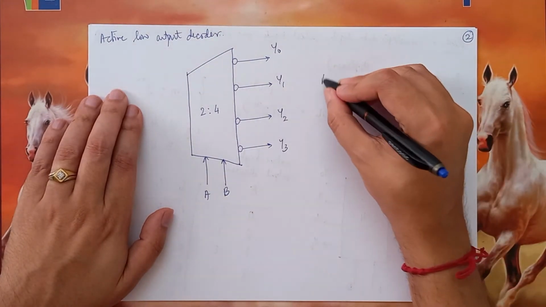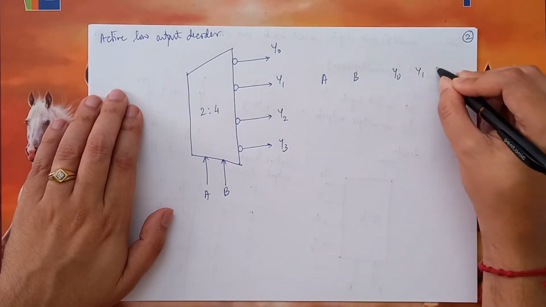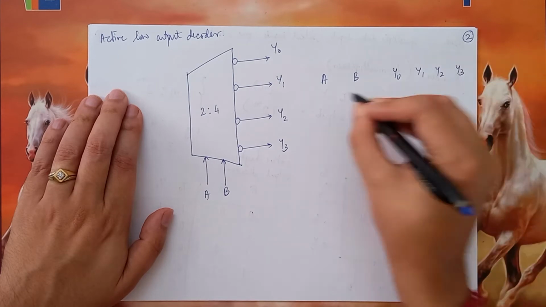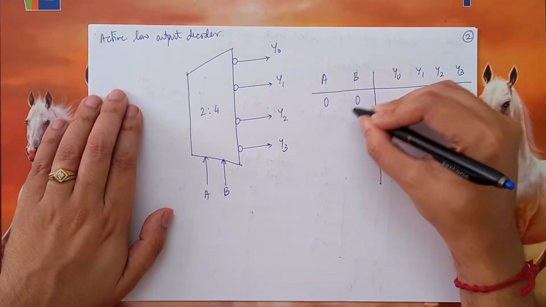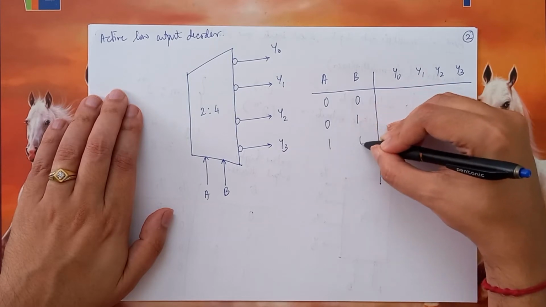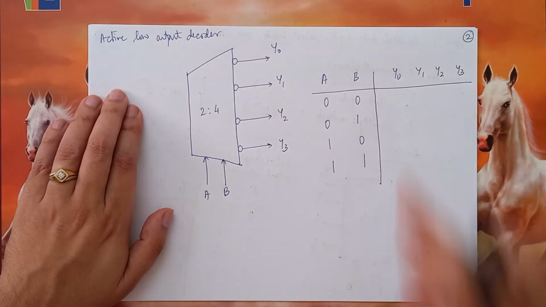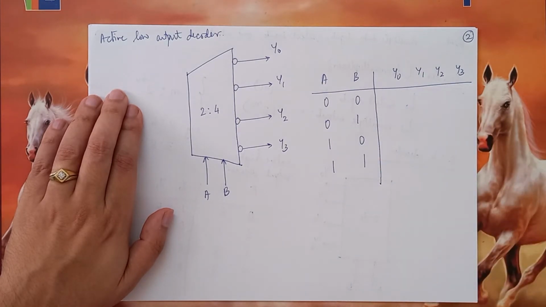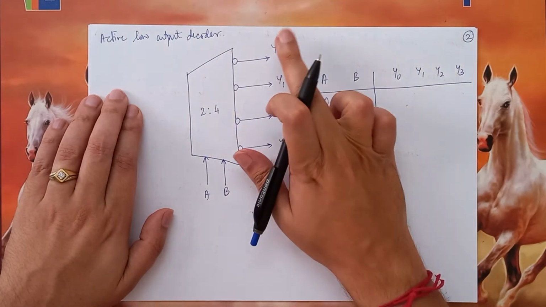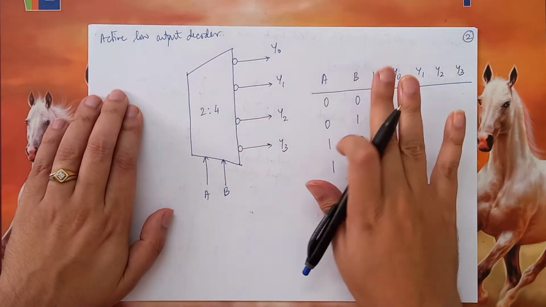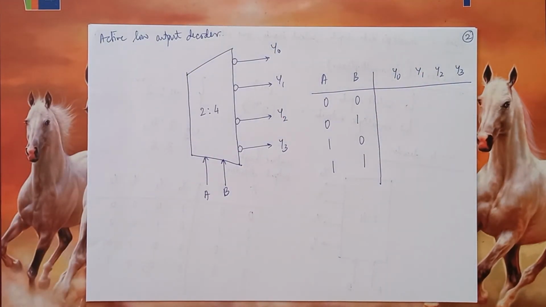So in this case, the truth table would just be the opposite of what it was earlier. Alright, so over here, when A and B are 0 and 0, Y0 gets activated. Now in this particular scenario, the definition of activation changes.